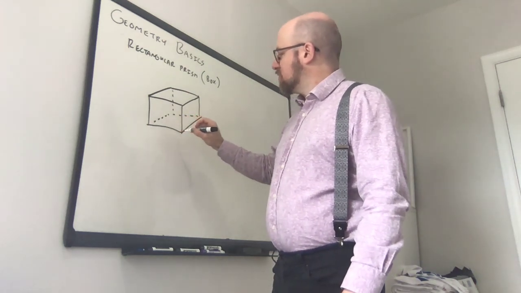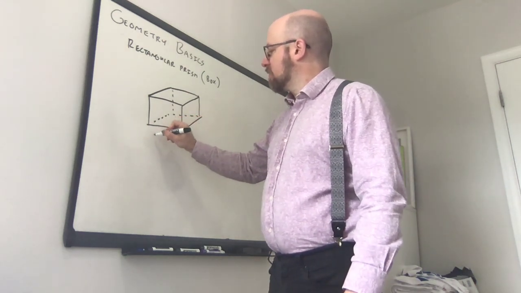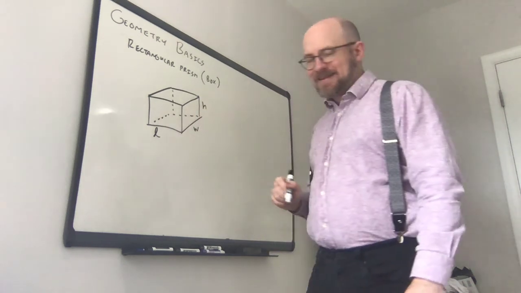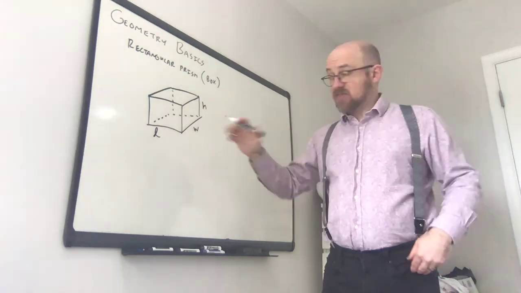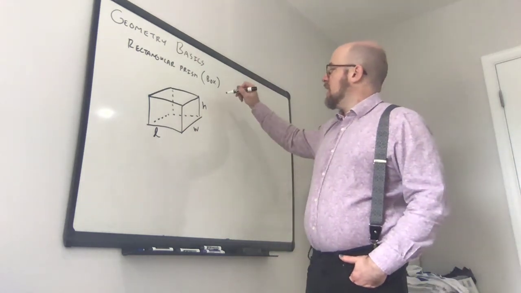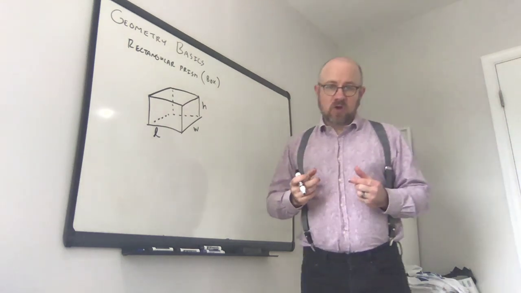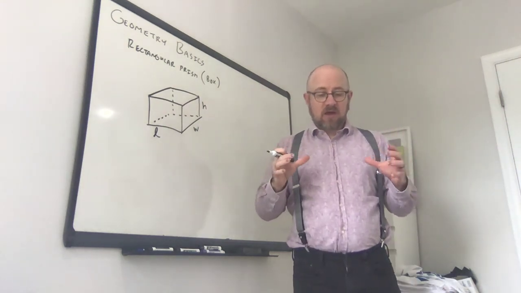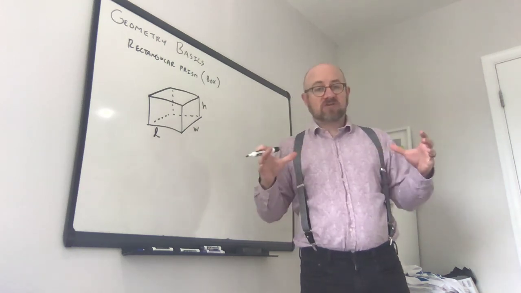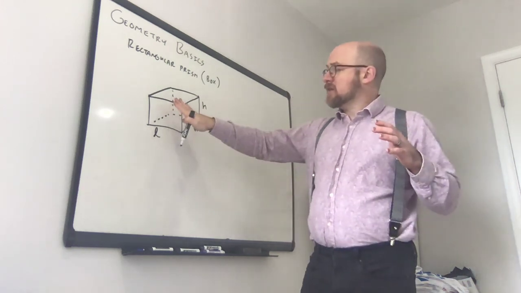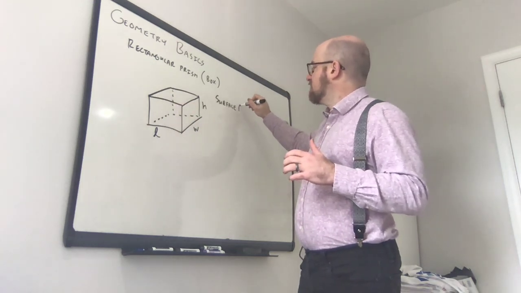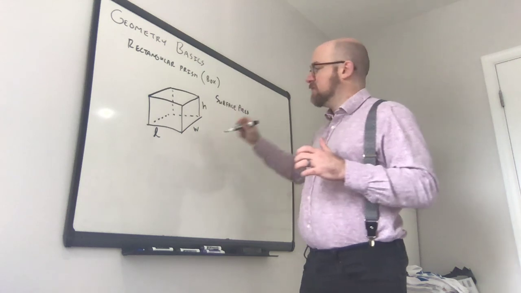It's got three measurements which are important: a length, a width, and a height. So length L, width W, height H. In 3 dimensions, we're interested in two kinds of measurements. We can talk about what's called the surface area, and that's going to be the area of all of the different sides of this shape.